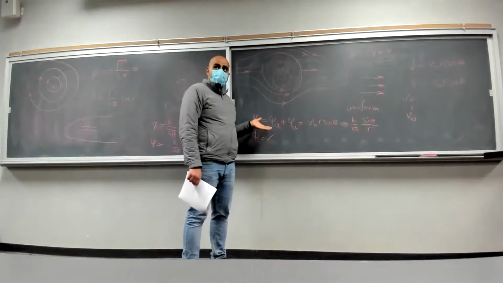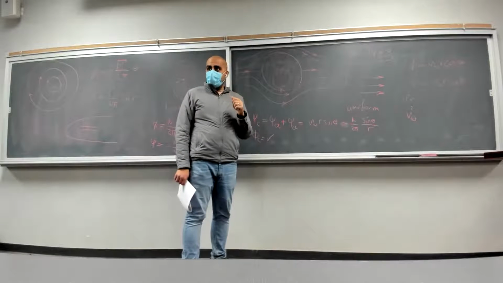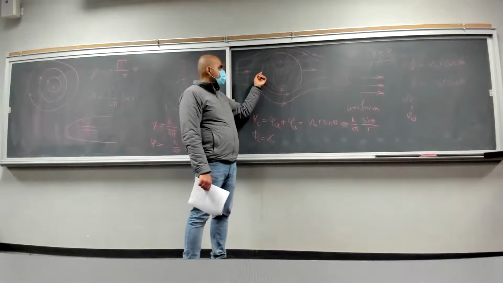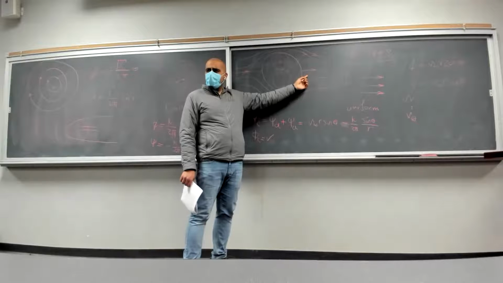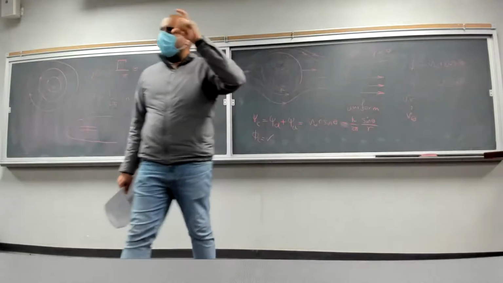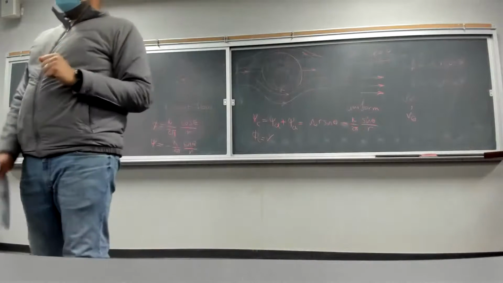The first thing you need to do is to find the Vr and V theta as a function of kappa, right? And then you know that the velocity is going to be 0 and 0 here and here. Then you can determine kappa, right? You can find a value or a range of values for kappa.